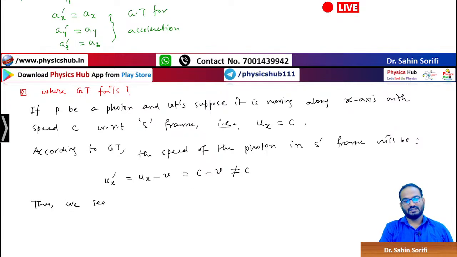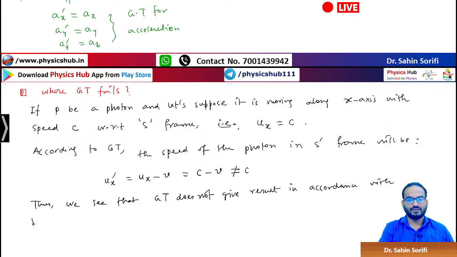Thus we see that Galilean transformation does not give results in accordance with the postulates.